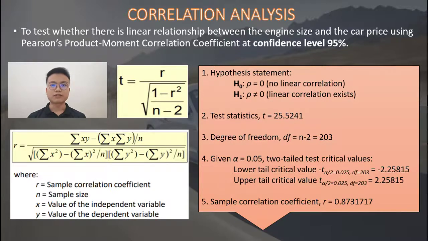Next, we find our degrees of freedom, and we'll get degrees of freedom equals 203. Since we are using the two-tailed test, we have two critical values here. From the t table, we'll find that our lower tail critical value t equals negative 2.25815, whereas our upper tail critical value t will be equal to 2.25815.